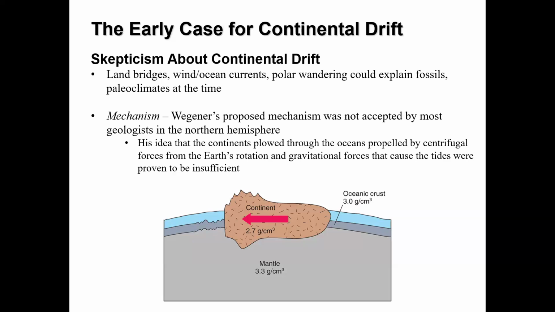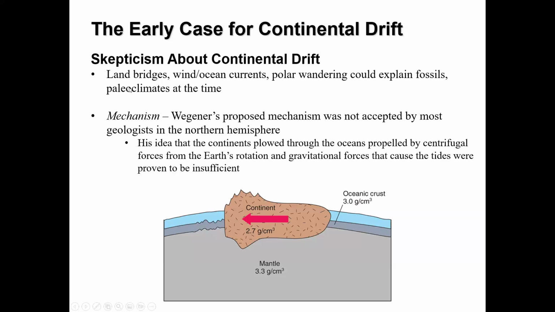They've drifted over time. So it's a very big idea to try to wrap your head around. And so it was met initially with a lot of skepticism, because people came up with ideas that could explain all of these different data sets without the need for continents moving around.